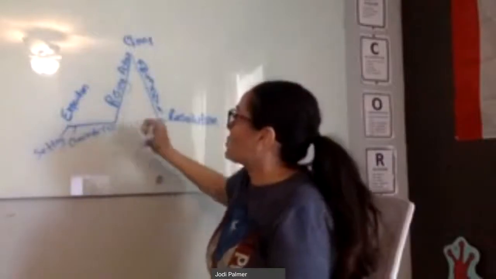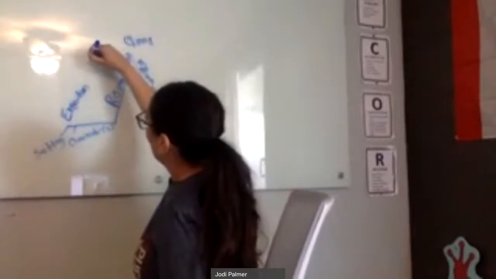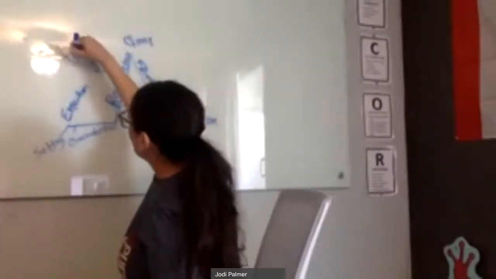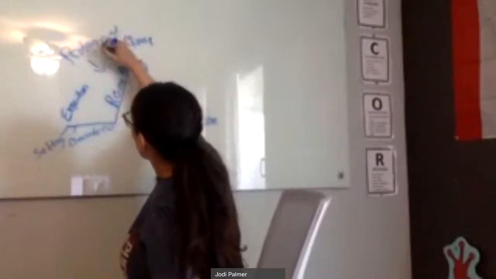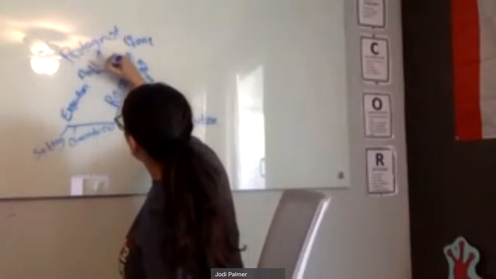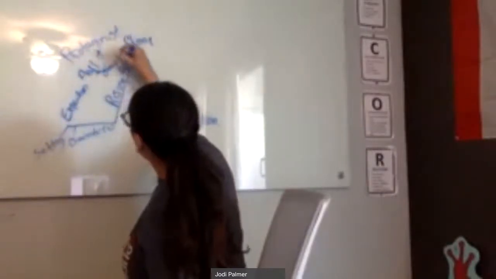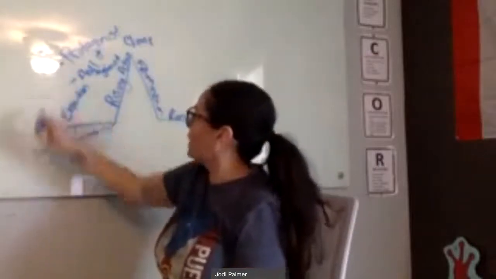The rising action. Here is where we might see who our protagonist and antagonist are. So here's where maybe we learn who the good guy and who the bad guy is.